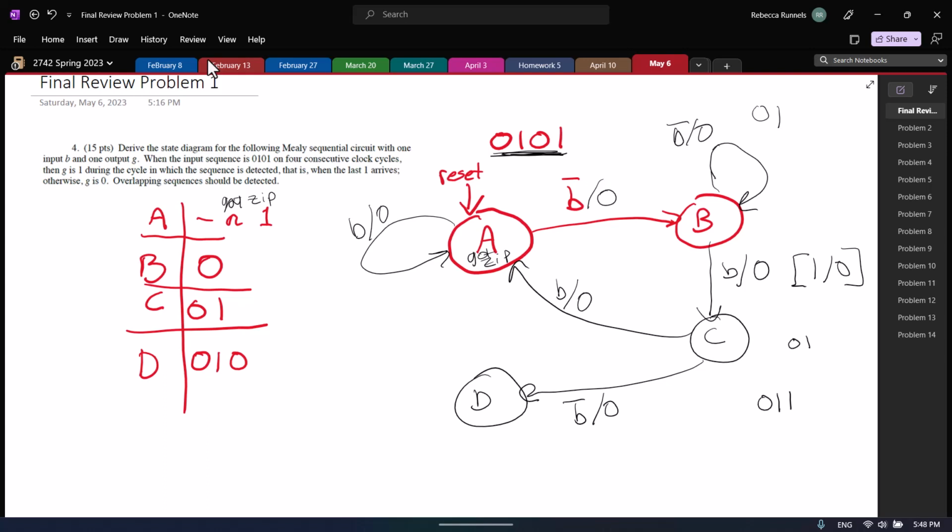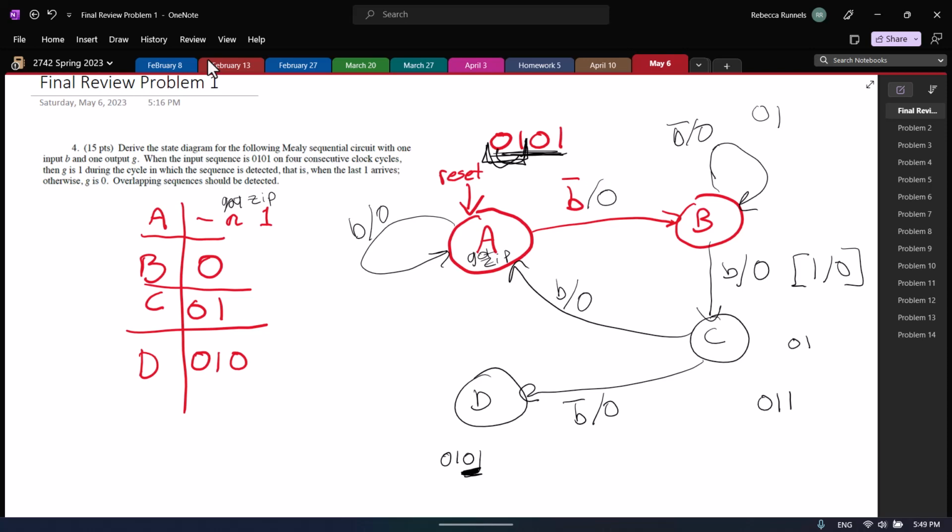Now, if I am at D, that means I have a 0, 1, 0. And if I get a 1, then that means I now will have an output of 1. It also means if I look at what I have here, I have a 0, 1 towards my goal.